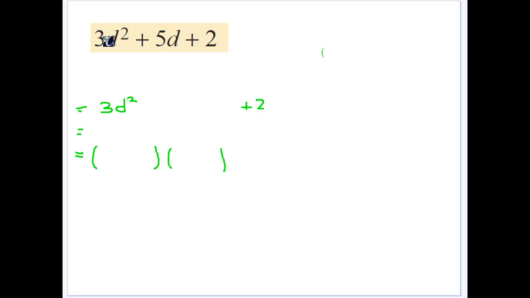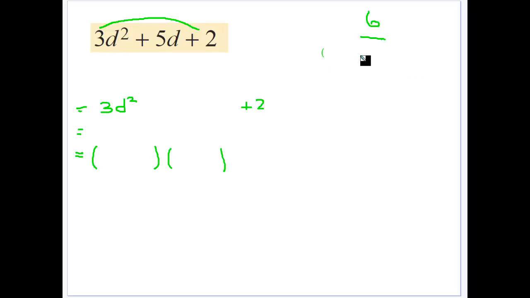But the trick we need to do is have a look at what numbers we get if we take the product of these two, which is 6. Now we want to break it down into the factors of 6 and see which ones will add up to 5d, because it's positive 6, since it's a positive 2 and a positive 3.